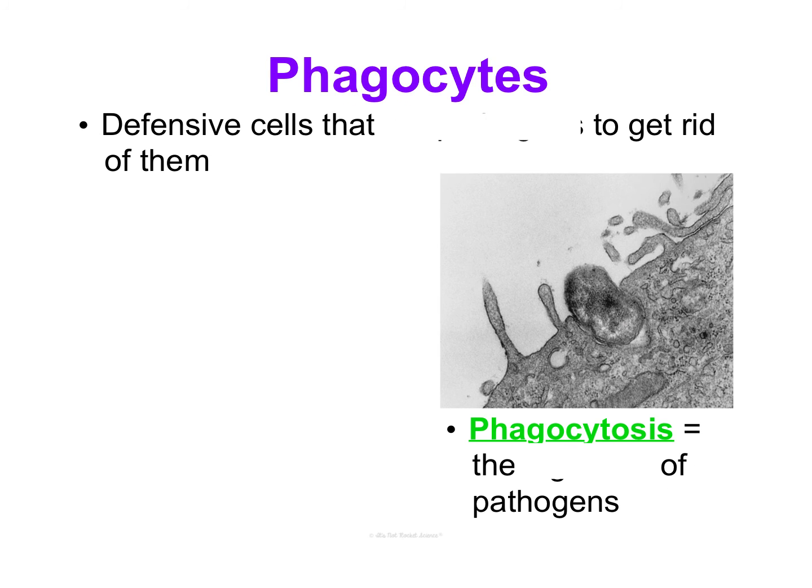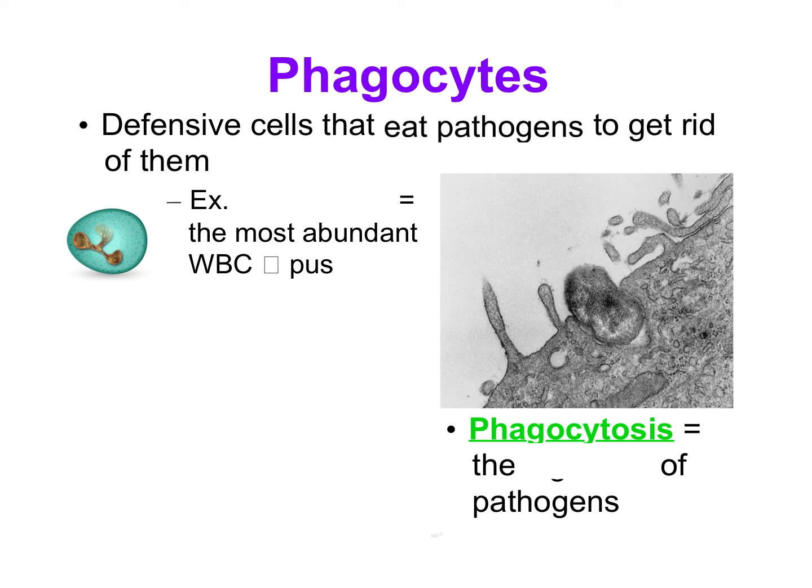If we look at our defensive cells, our white blood cells, we're going to first focus on phagocytes. These are defensive cells that are eating pathogens to get rid of them. That's actually what the term phagocyte means. So if we look at this, our first example is neutrophils. There's actually a lot more than what we're going to go through, but neutrophils are our most abundant white blood cell, and this is something that leads to pus formation in your body.